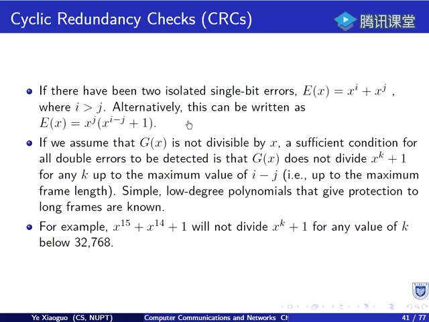If we assume that Gx is not divisible by x, a sufficient condition for all double errors to be detected is that Gx does not divide x^k plus 1 for any k up to the maximum value of i minus j. Simple low degree polynomials that give protection to long frames are known.